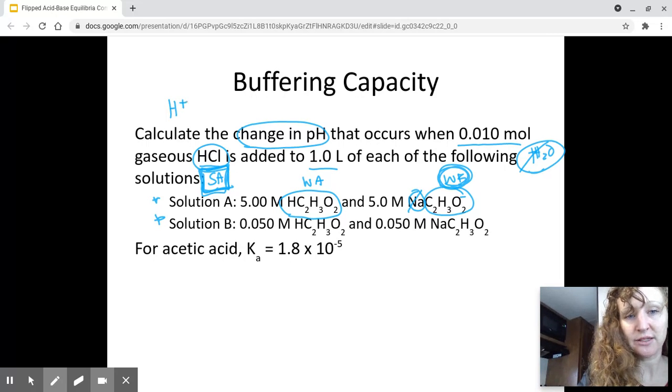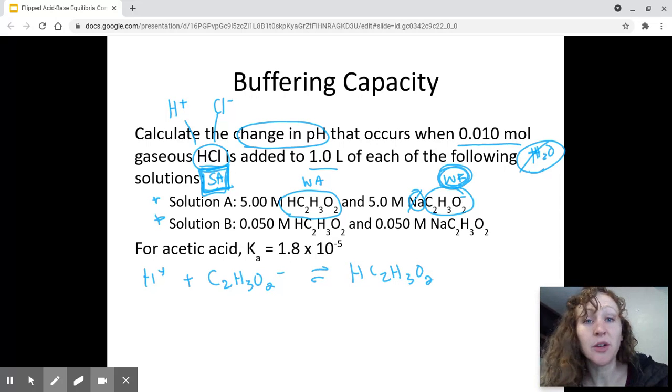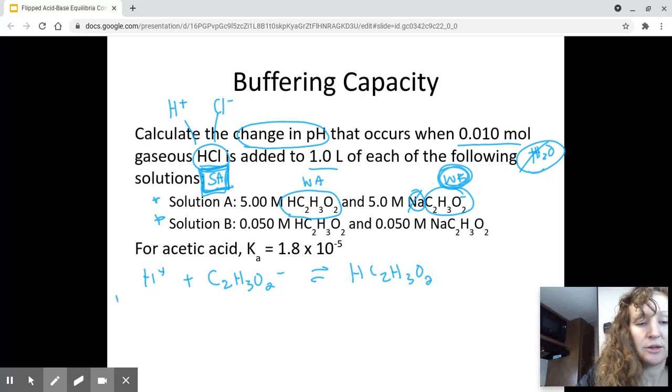Remember, HCl is going to fall apart right away in solution into H+ and Cl-. So you can write H+ is going to react with C2H3O2- to form HC2H3O2. Okay, so there's our reaction. Now we consider our initial amounts.